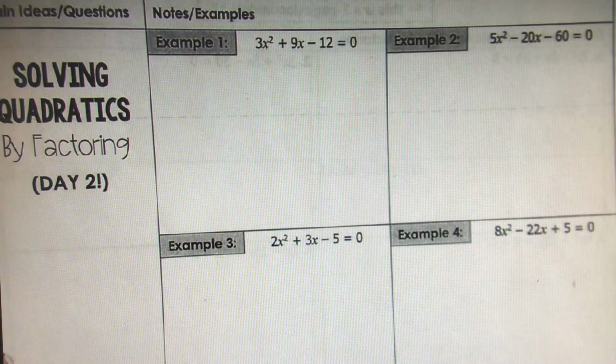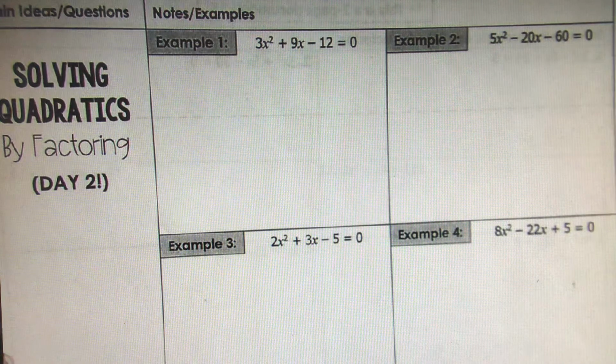And then what about example 4? See, 8, 22, and 5. No, because 5 doesn't go into either number. 2 doesn't go into everything because of an odd number. So I'm going to have to be a little more creative in example 3 and 4. But let's start with number 1 and 2.